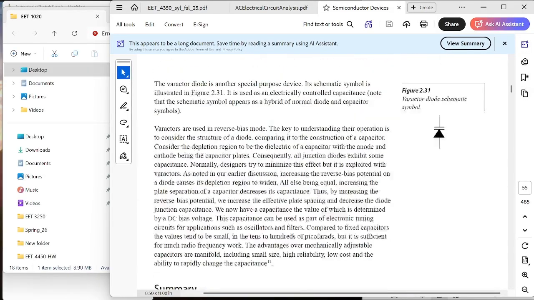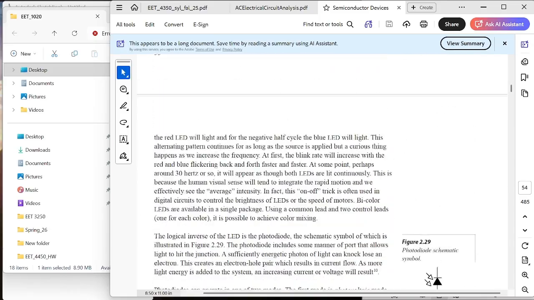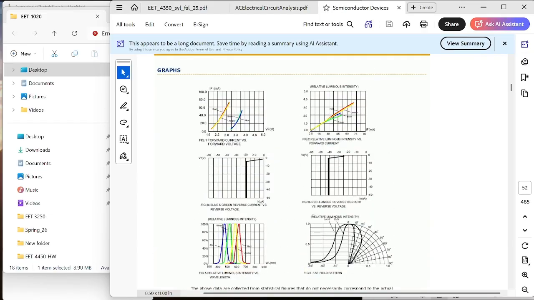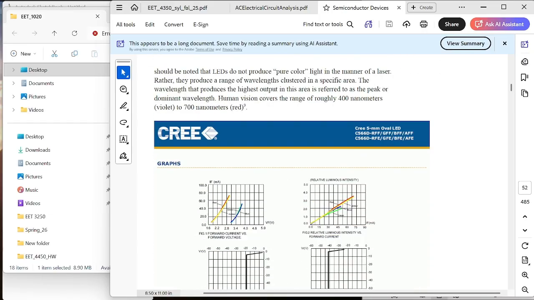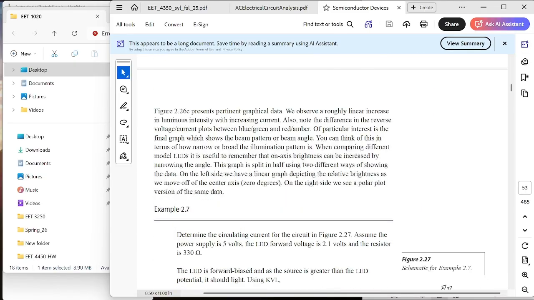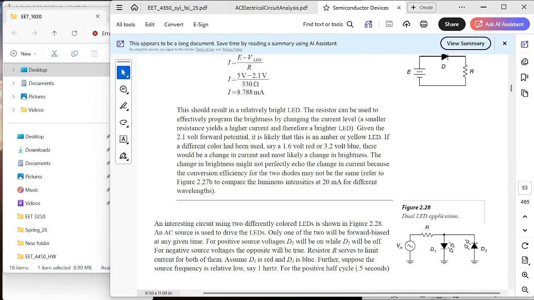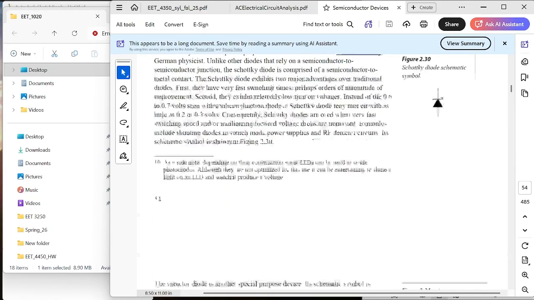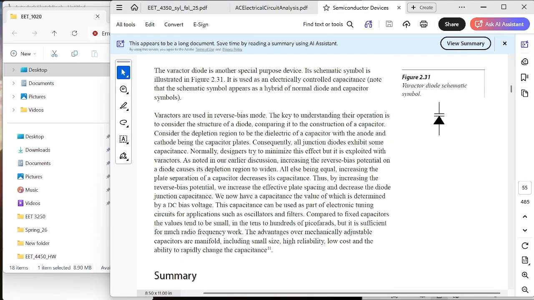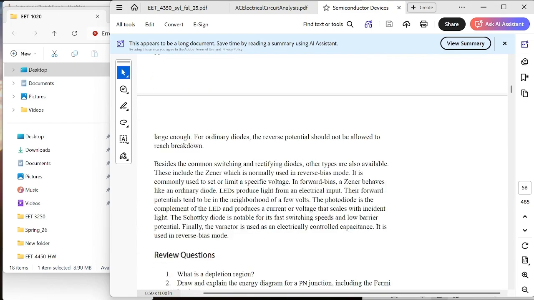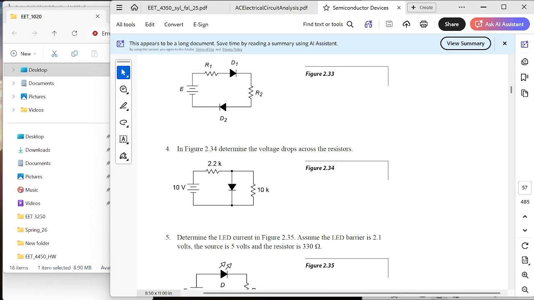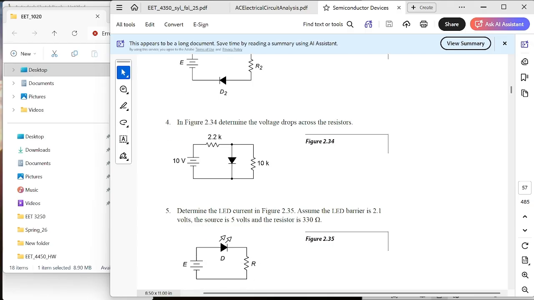I'm not sure what I'll ask, but from chapter 2, something like problem number 4.